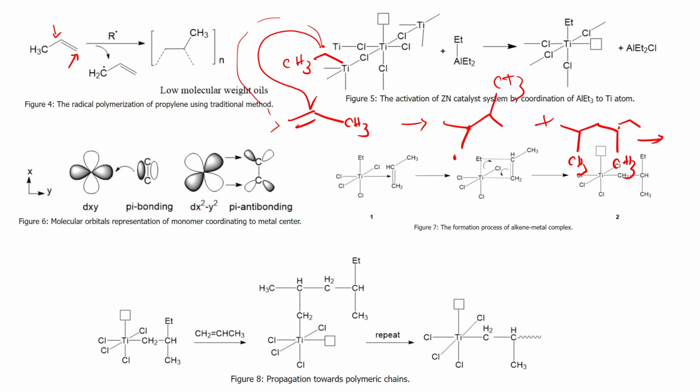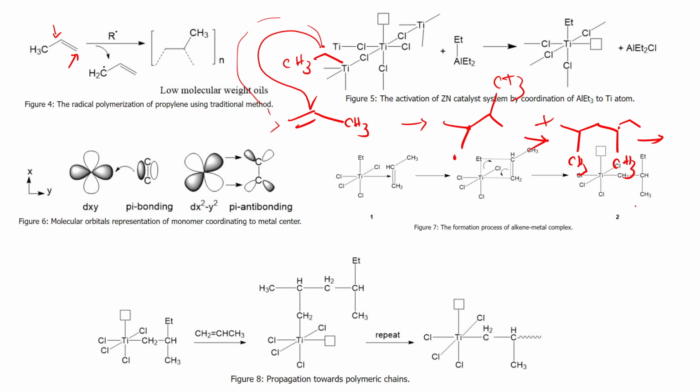So here you are seeing that the probability is very much less, because out of four possibilities you only have this particular fashion of attack.